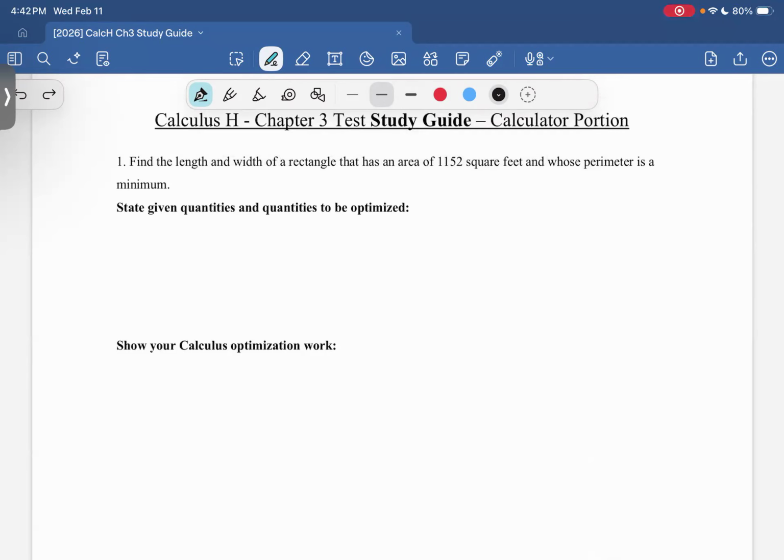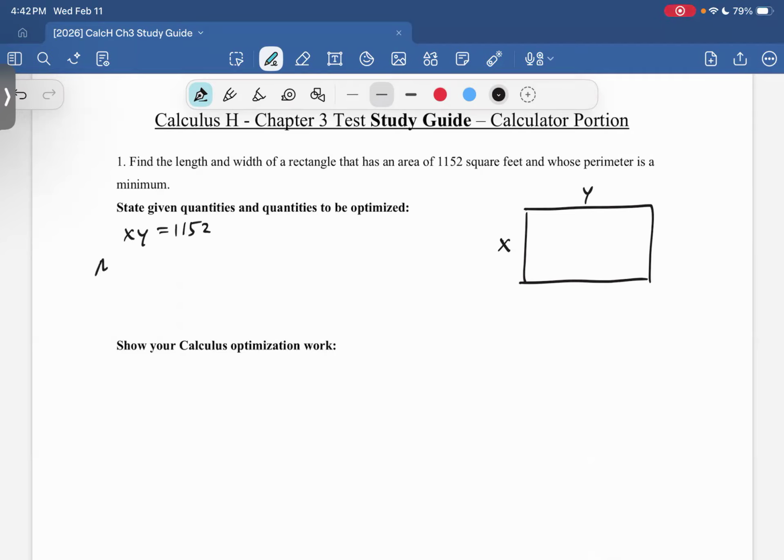Okay, find the length and width of a rectangle that has an area of 1,152 and whose perimeter is a minimum. So let's call this side x and this side y. We're given the area, so xy equals 1,152.